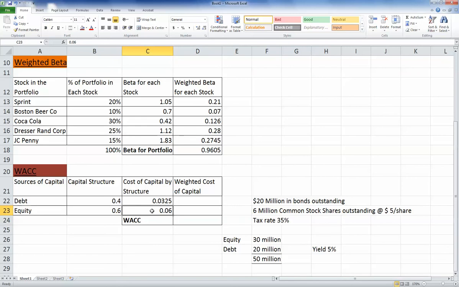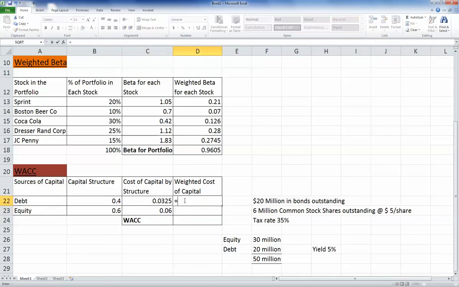So that's the risk-free rate plus beta times the risk in the market less the risk-free rate. And again, for the cost of capital by using equity, we don't take into account the tax shield. So don't include the tax shield in equity. That's only in debt.